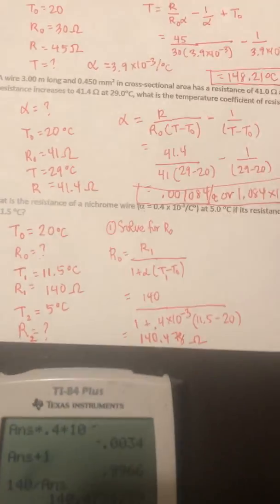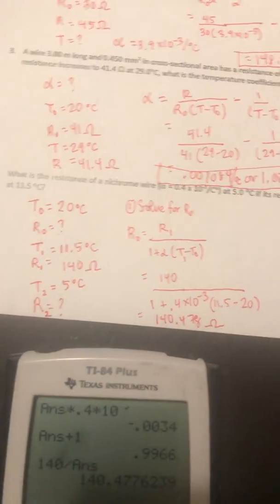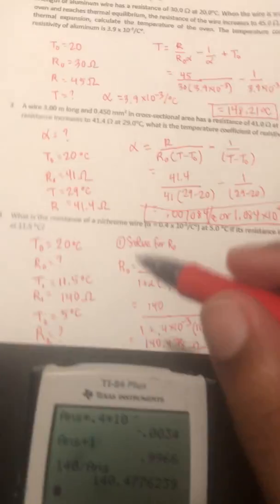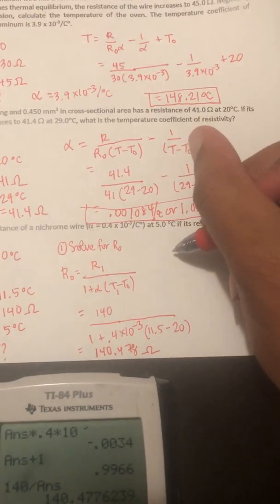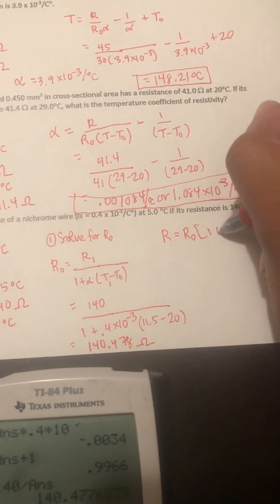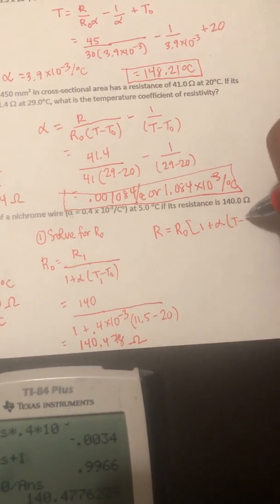All right, so that's R naught, but I'm not looking for that. I'm looking for R2, that resistance at 5 degrees Celsius. But now that I know R naught, I can use my normal equation. R is equal to R naught times 1 plus alpha times T minus T naught.